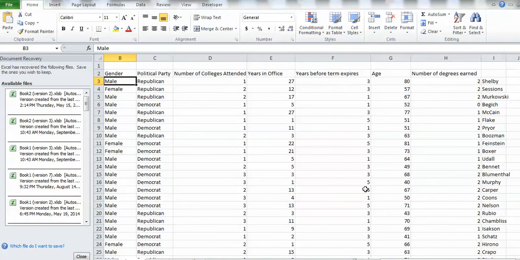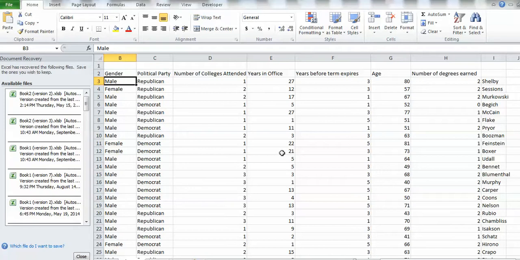As we look through this data set, we might have certain questions that we'd like to answer. For example, we might wonder, have older senators been in office longer? Is there a tendency for the older senators to have been in office longer?